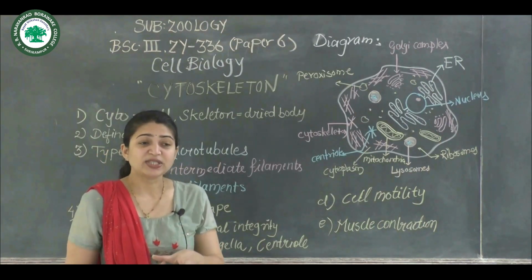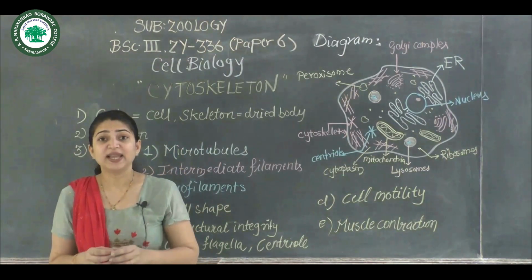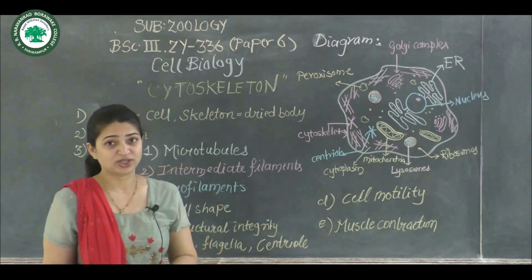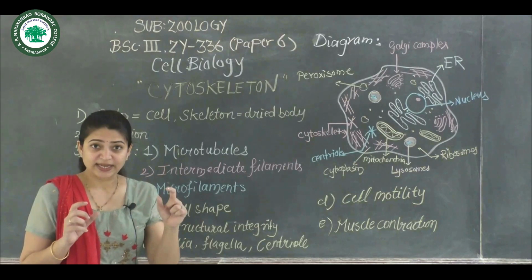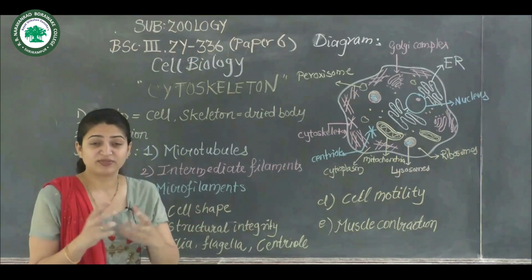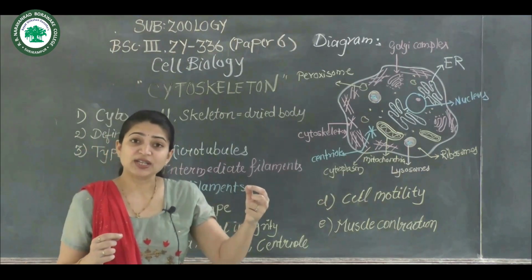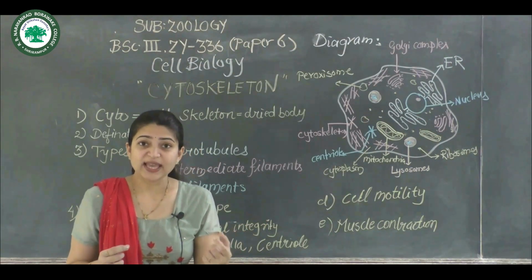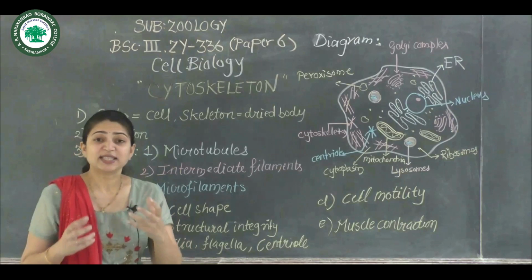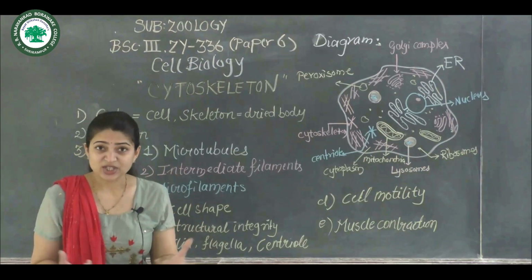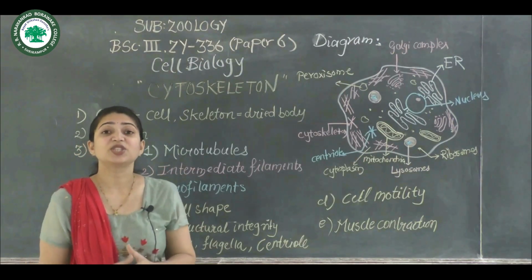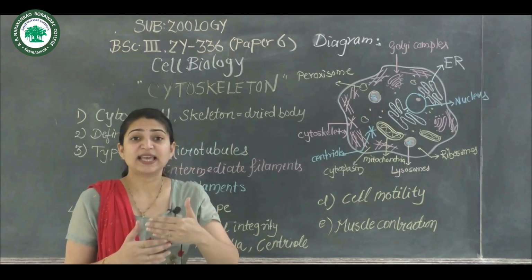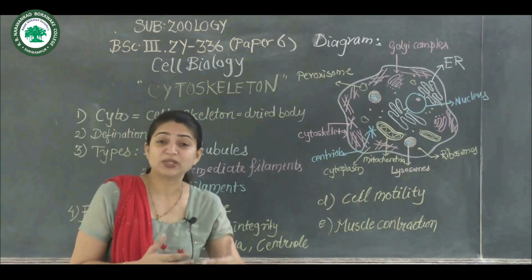The cytoskeleton is nothing but interconnected filamentous, tube-like structures, which connect different kinds of filaments. These tube-like structures support the cell shape, maintain the structural integrity of the cell, and make the cell move from one place to another.